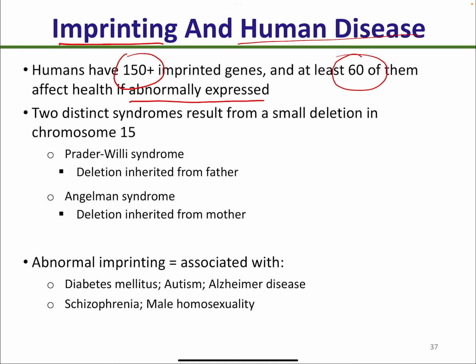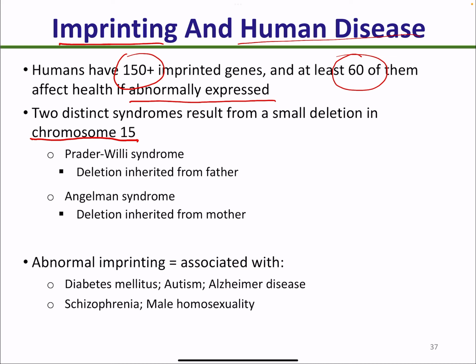There are two particular syndromes that we are going to mention here, two particular syndromes that are caused by genes that are carried by chromosome 15. So there is a deletion in chromosome 15 that, based on who the child gets that deletion from, is going to develop one syndrome or another syndrome.